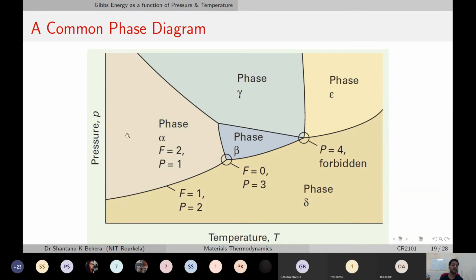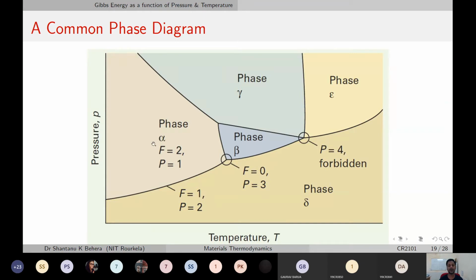That means I can be here and increase the pressure or decrease the pressure, and I can also increase the temperature or decrease the temperature, without bringing any change in the alpha phase. Even if I change the pressure by increasing or decreasing, or change the temperature by increasing or decreasing, alpha phase is going to remain the alpha phase. It's not going to change.